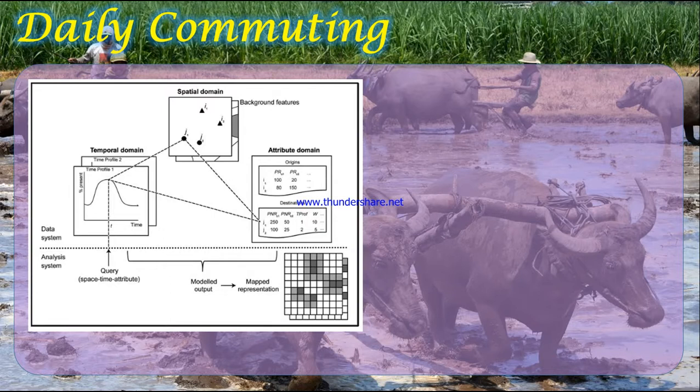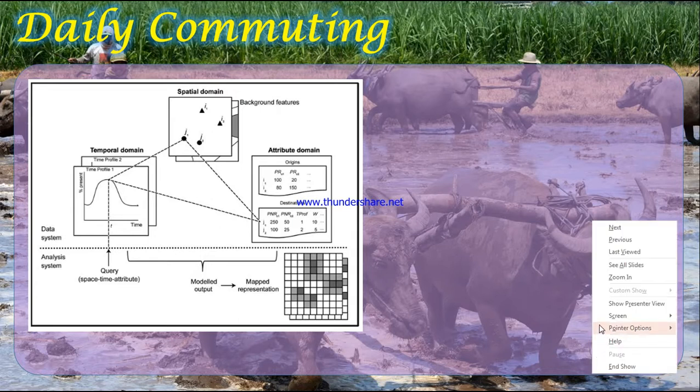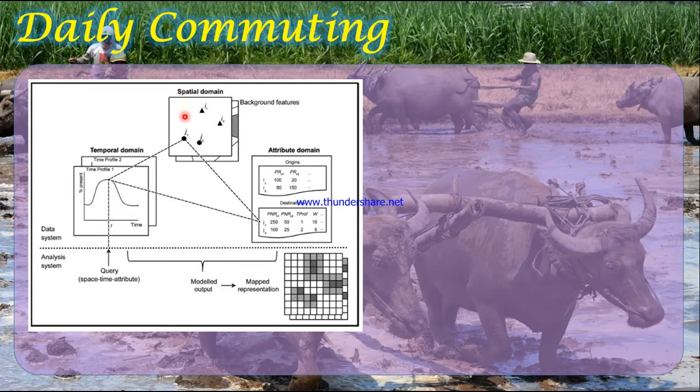In this figure, there are three domains. The first is spatial domain, second is temporal domain, and the last is attribute domain. All of the domains are related one to the other.